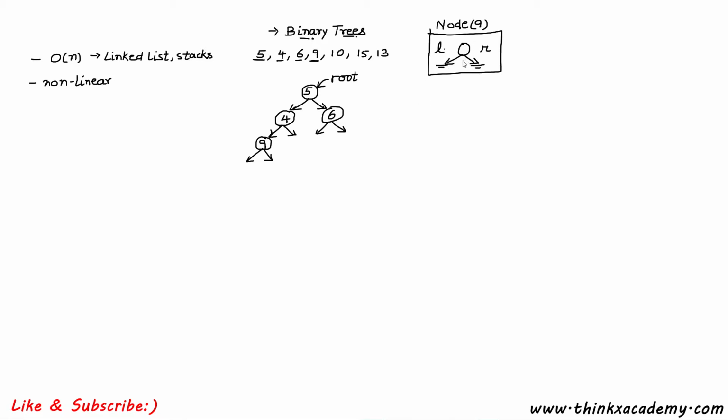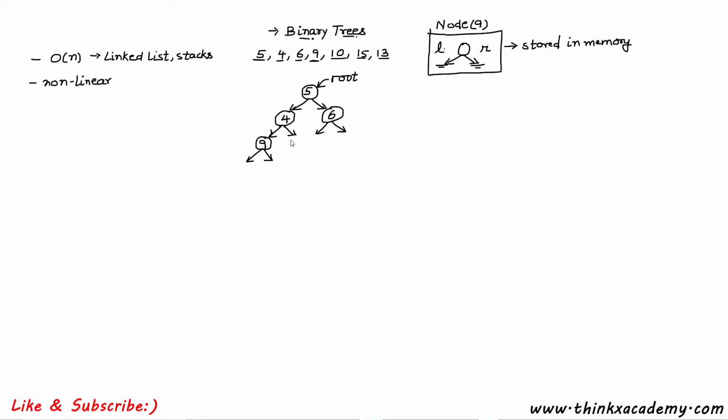Whenever we create an object, we know that it is actually stored inside the main memory. So whenever we create any object of this node class, which we will see when we program it in Python, it is stored inside the memory. Now after calling 9, we will have an object which has data as 9 and two null references. Now let's say we want to insert 10, 15 and 13.